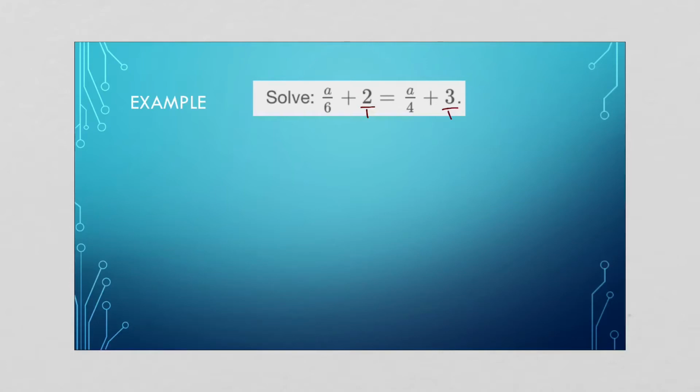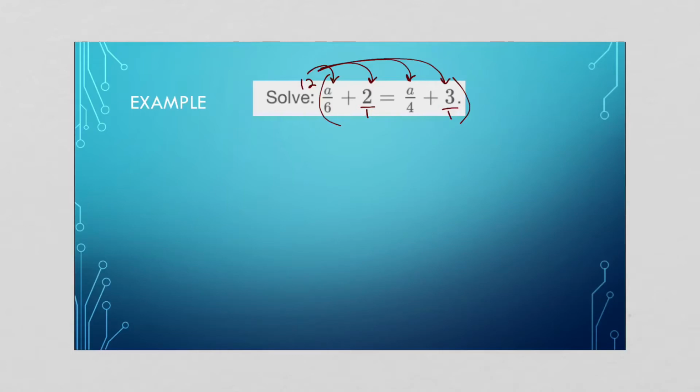So what is the lowest common denominator for 6, 1, and 4? It's 12. So I'm going to distribute 12 to each and every term in this. The reason I'm doing that is because whenever you distribute your lowest common denominator, you get rid of your fractions altogether. The fractions go away.